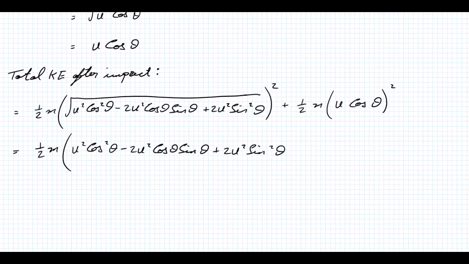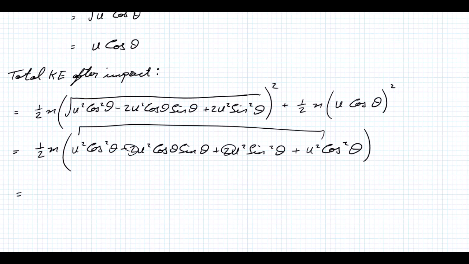And out here we'll just end up with u squared cos squared theta. It's this bit here squared. Now if you look at this, what we can actually do here is factorize out 2u squared, because we have a 2 here, a 2 here, and this here can be added to this one to give us 2u squared cos squared theta.